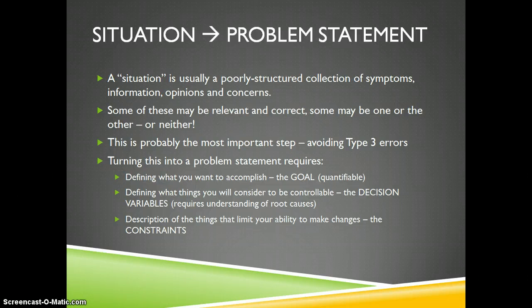Yes, you can control lots of things, but the art of modeling and problem solving is picking the key items that are going to make the most difference, which means you have to understand something about the root causes of what's going on and what you're seeing. And finally, to have a complete problem statement, you need to be able to state the things that are in place that are going to limit your ability to make these choices. These are what we call the constraints.